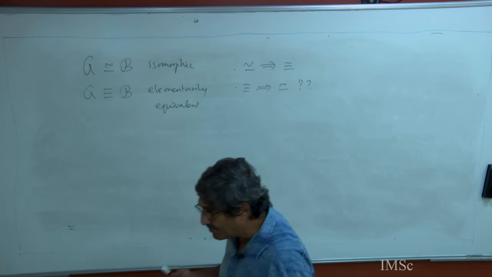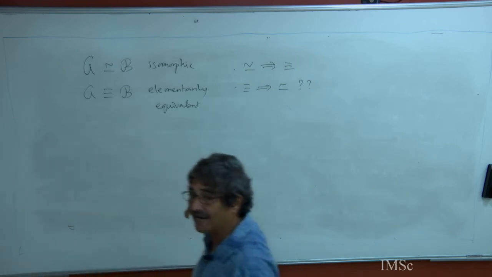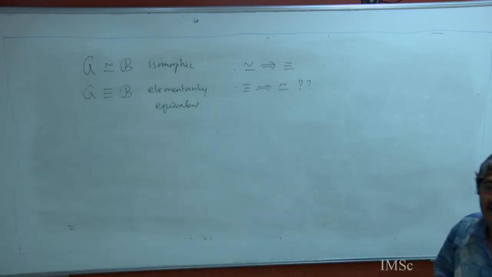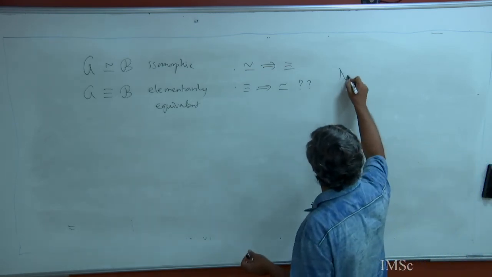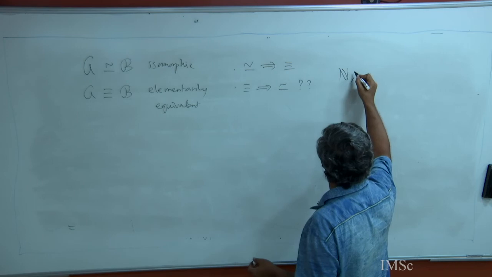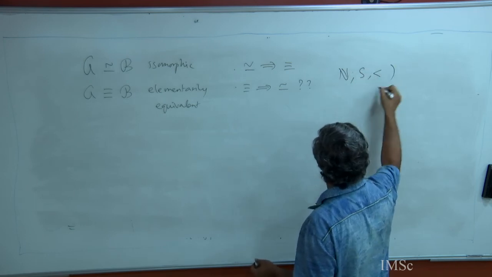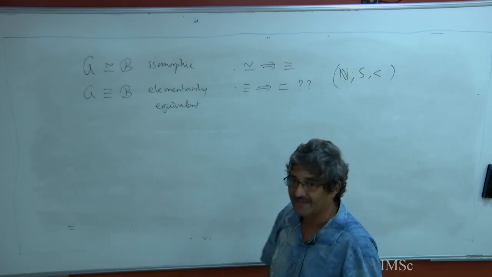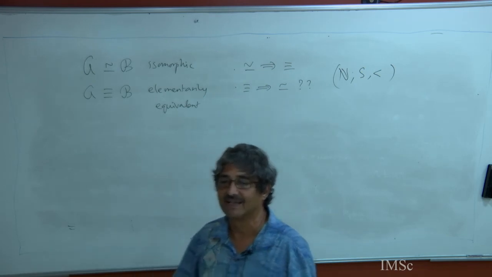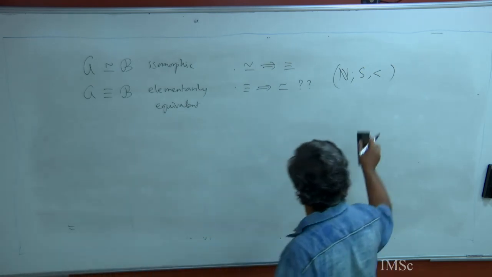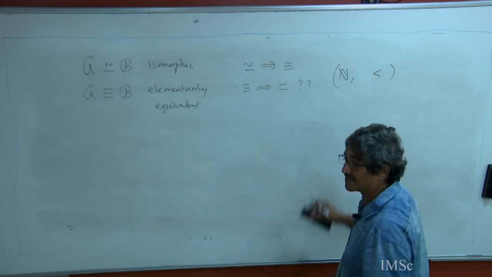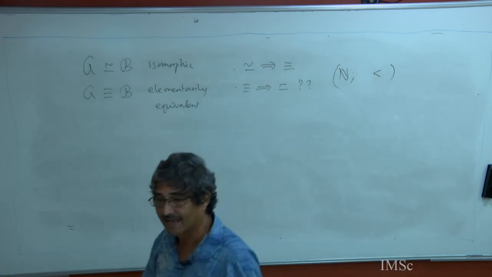So we want to write properties and describe these, and so can one define a structure up to isomorphism? For instance, this is our favorite, just the number line. And I don't need the successor, because I can always define the successor function in first-order logic from less than.